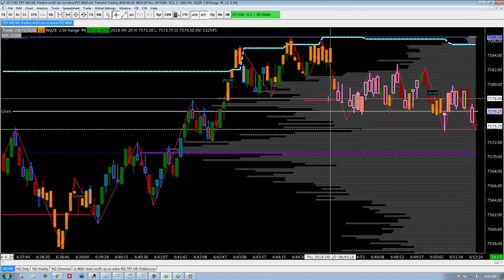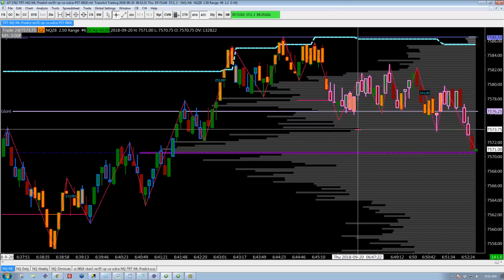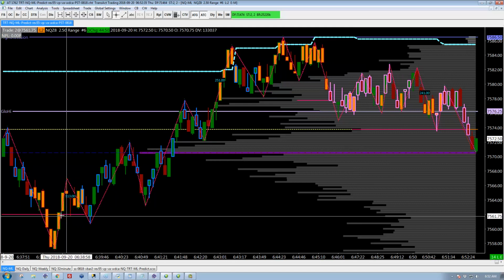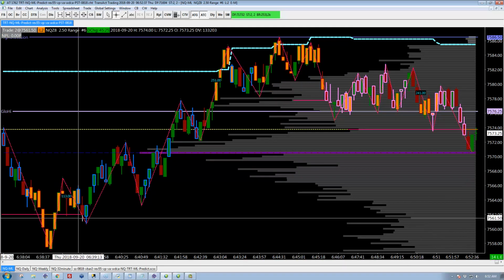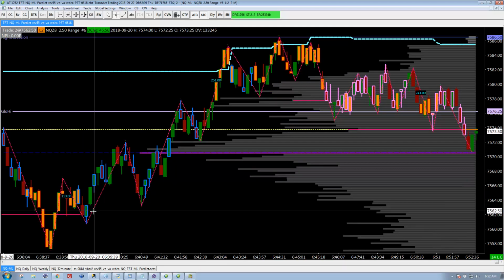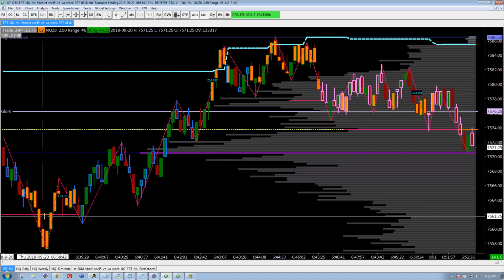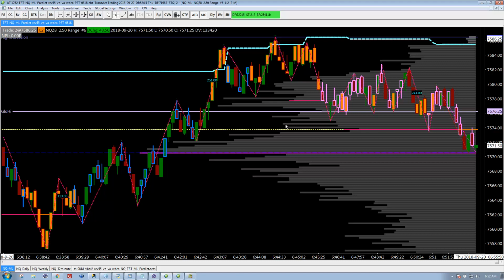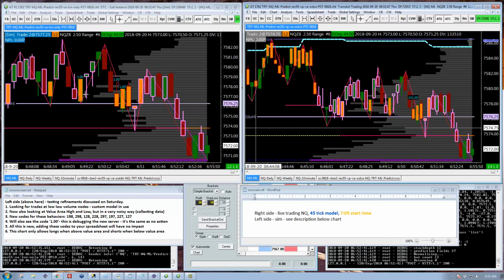I noticed that at low volume nodes in particular, the price action patterns often don't have time to develop before you've moved away from that node. Okay, and so I changed the code on the left to use simplified patterns at low volume nodes. Okay, and I really liked what I saw.